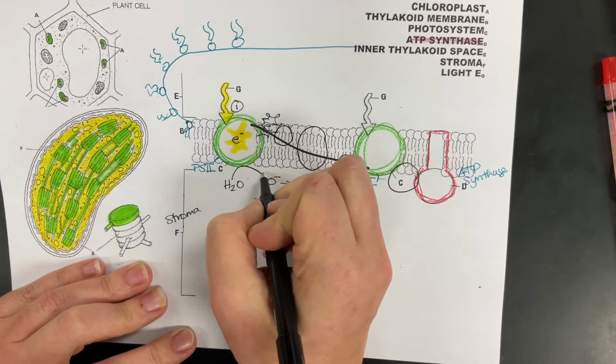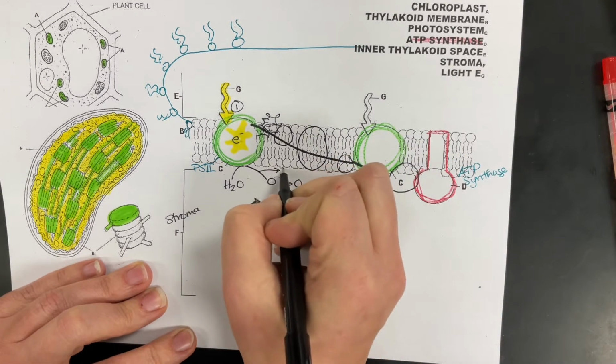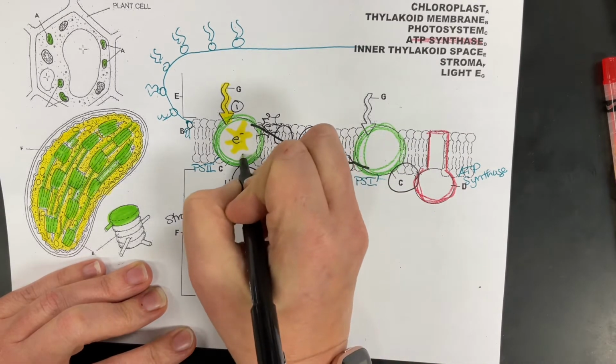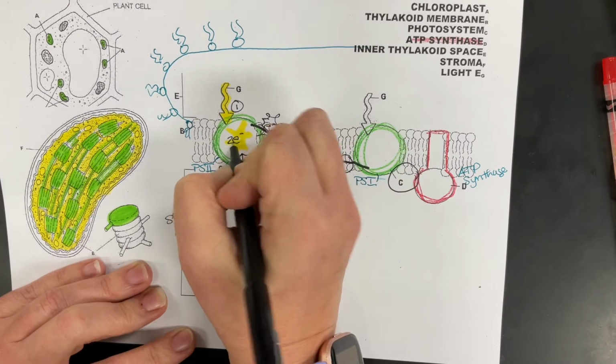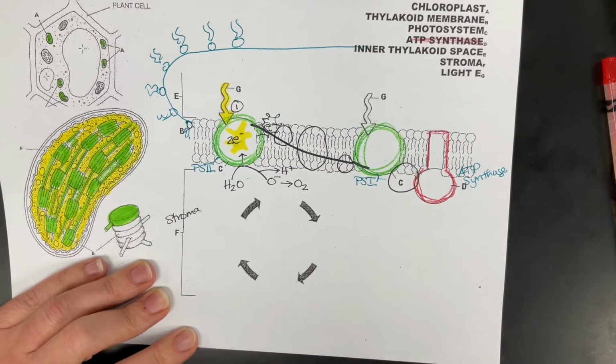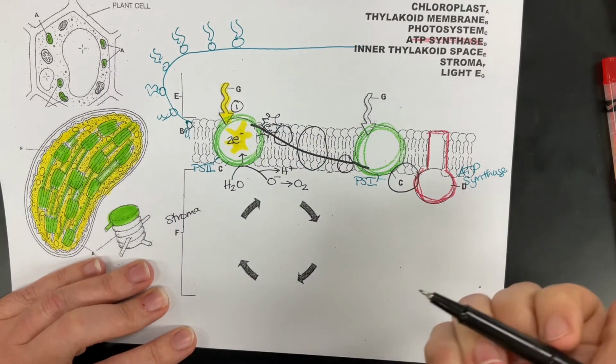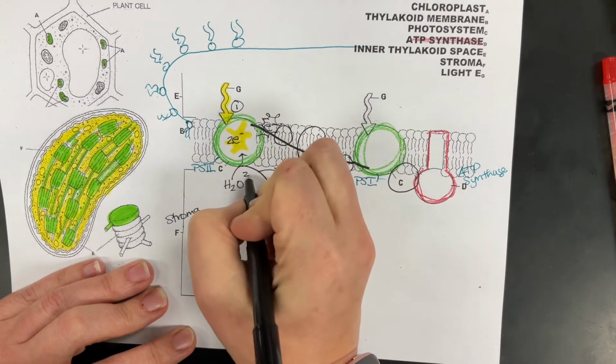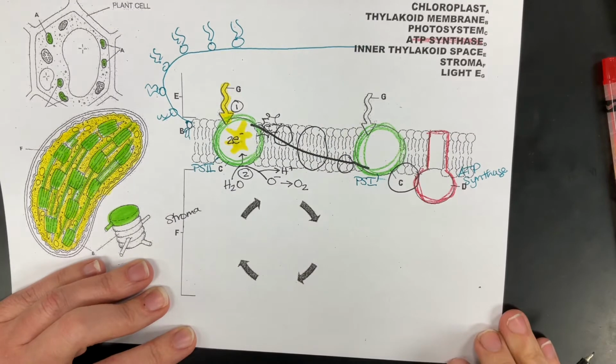And then it's also going to split off a hydrogen, and then it's going to release 2 electrons to replace the electrons that were lost when the first electrons got excited. So that's the second part that happens.